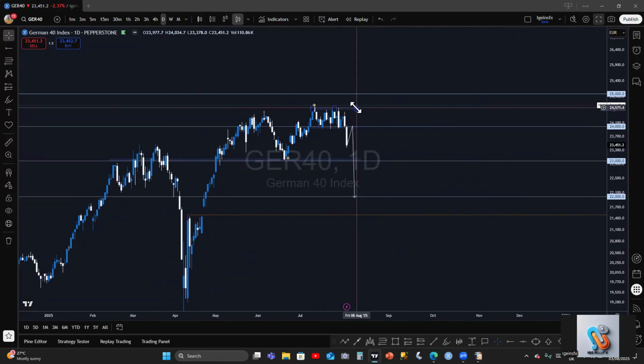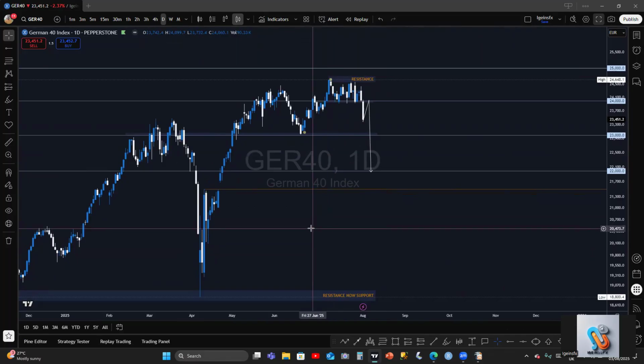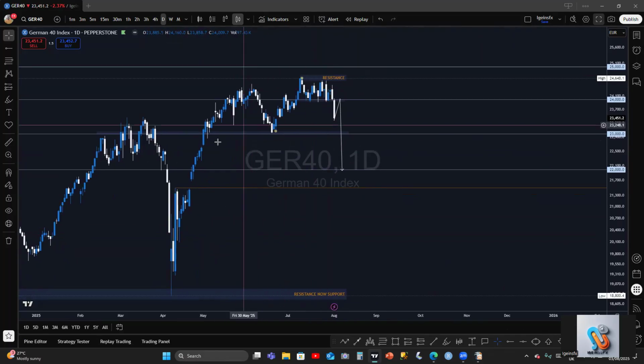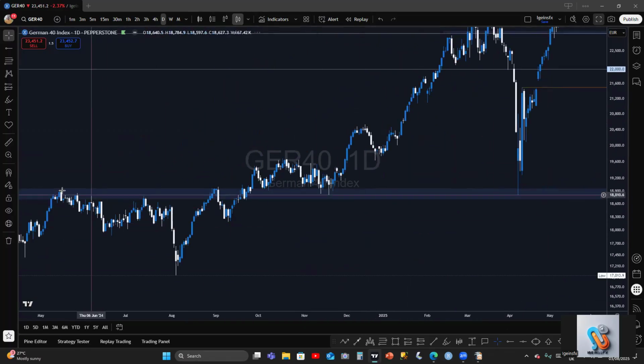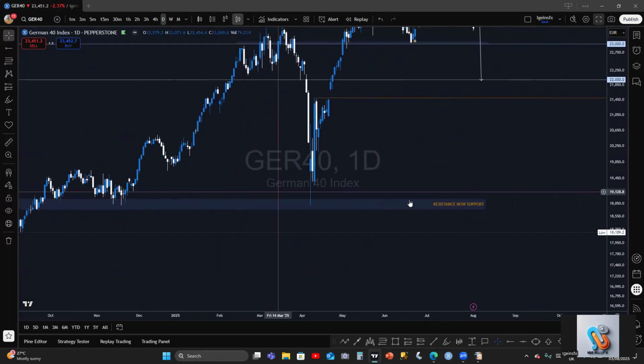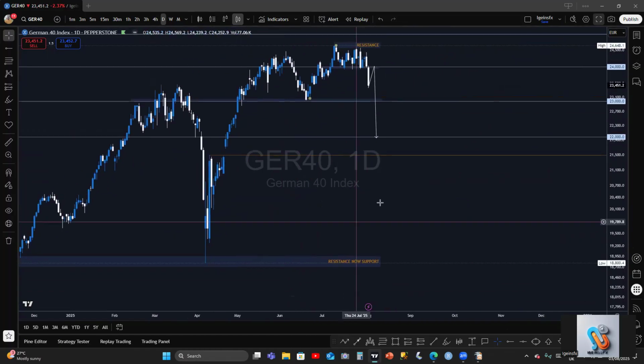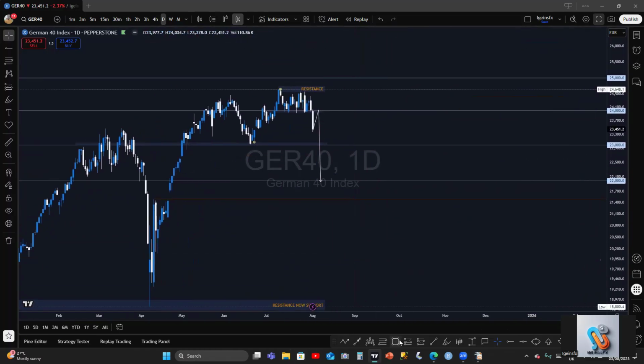From the higher time frame point of view, you can see that there's a resistance here, and underneath it you can see that the resistance has now turned into a support, and this push we have is here.